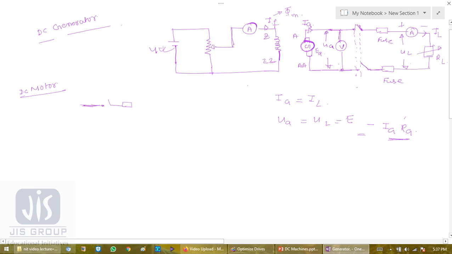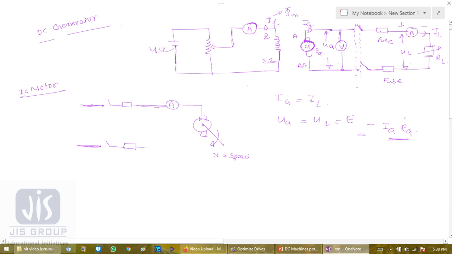So again, a double pole single throw switch, which is connected with a fuse system, and an ammeter. So I am giving electrical supply to the motor.